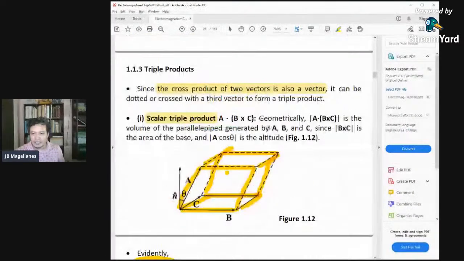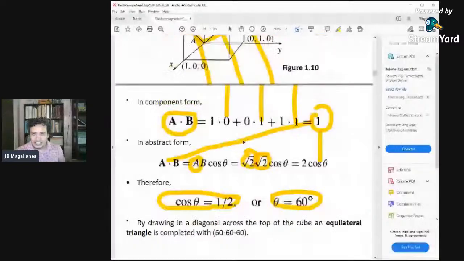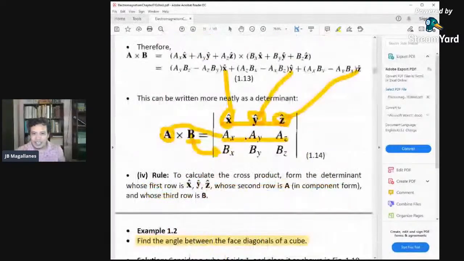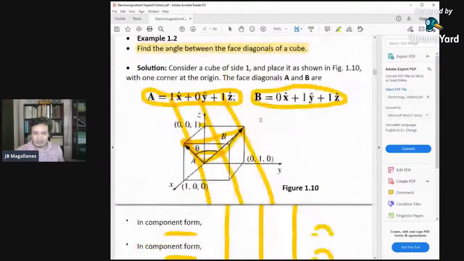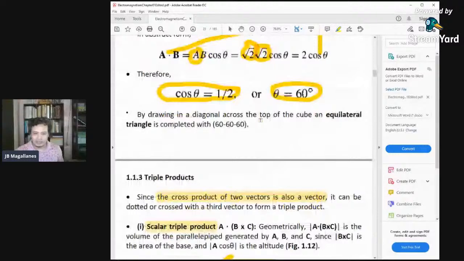In this case, you have AX, this is BX and this is CX. So you can just replace AX and then everything just follows. You get the magnitude.